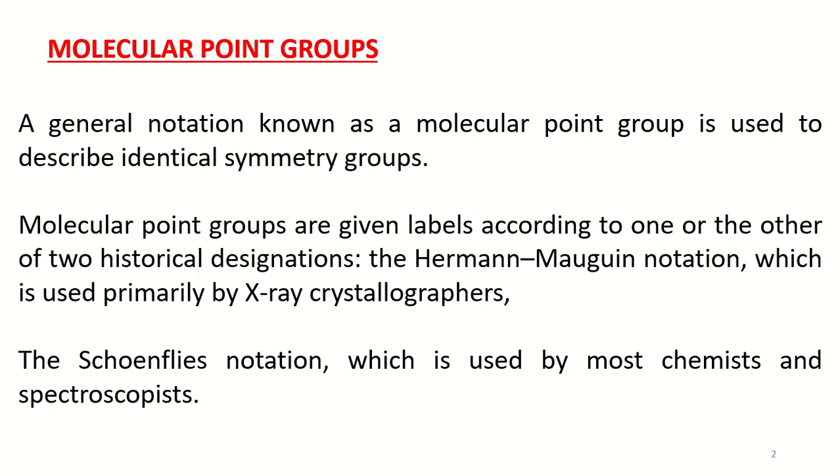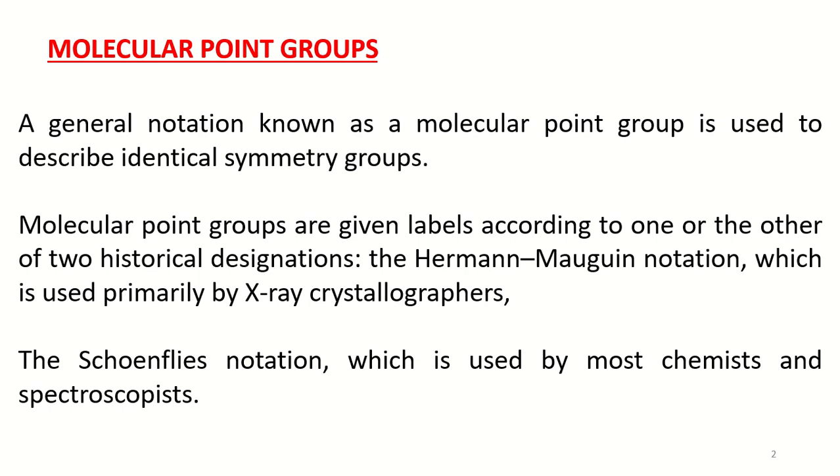Molecular point groups are given labels according to one or other of two historical designations. The first is the Hermann-Mauguin notation, which is used primarily by X-ray crystallographers. The second one is the Schoenflies notation, which is used by most chemists and spectroscopists.